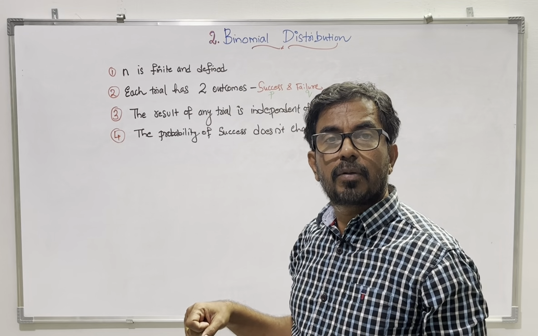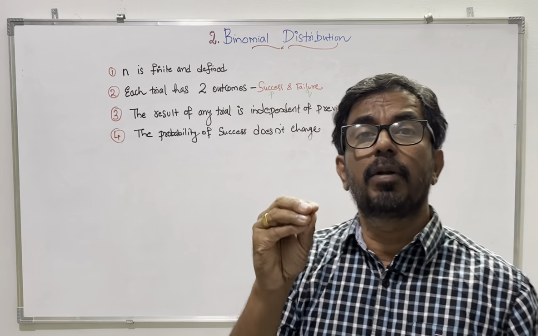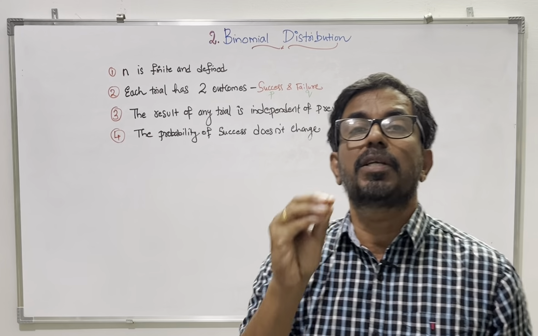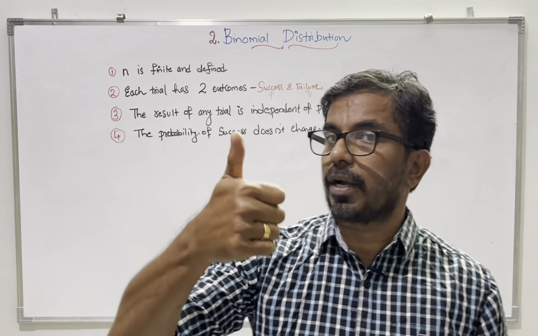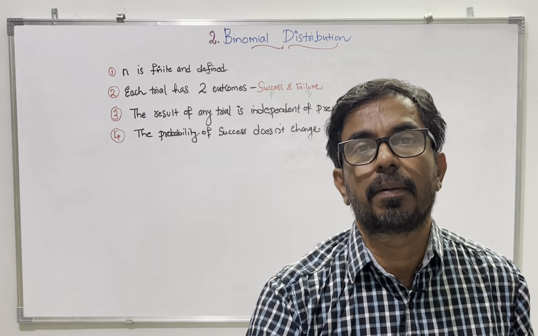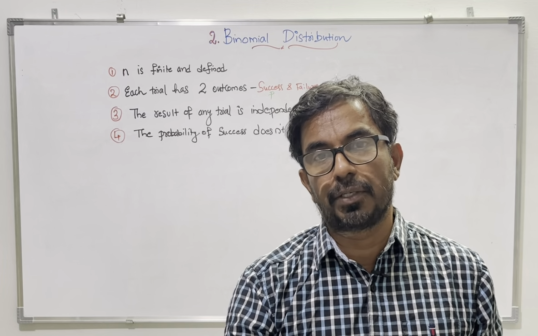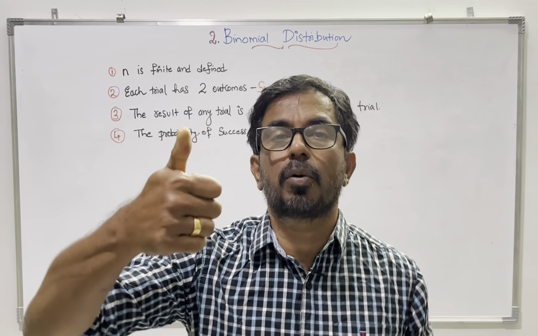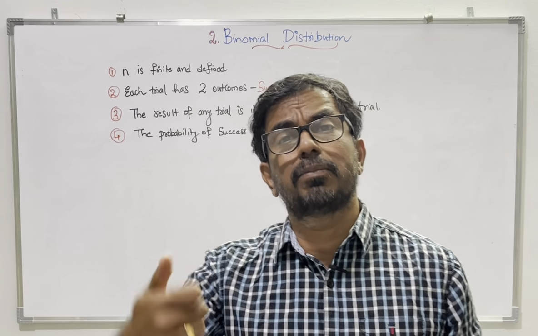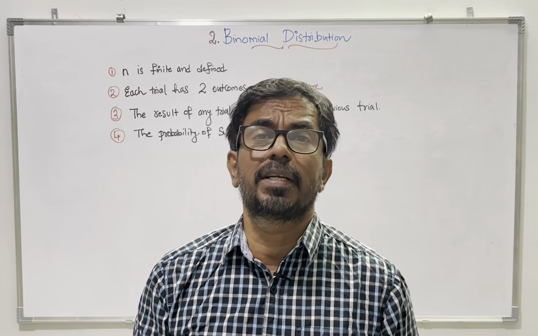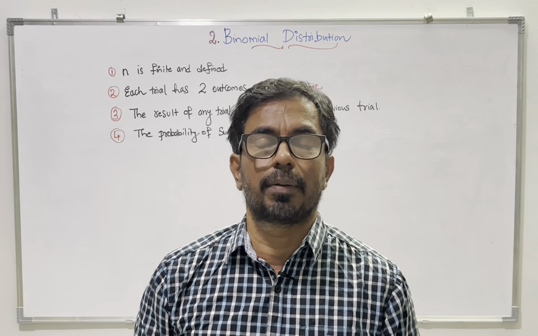The probability of success is p, and that p should be a constant all through the trials. For example, if I throw a coin, I get a tail. What is the probability of getting tail? 1 by 2. Again, if I throw it, again it will be 1 by 2 only. N number of times you try, the probability of getting tail doesn't change in a coin.